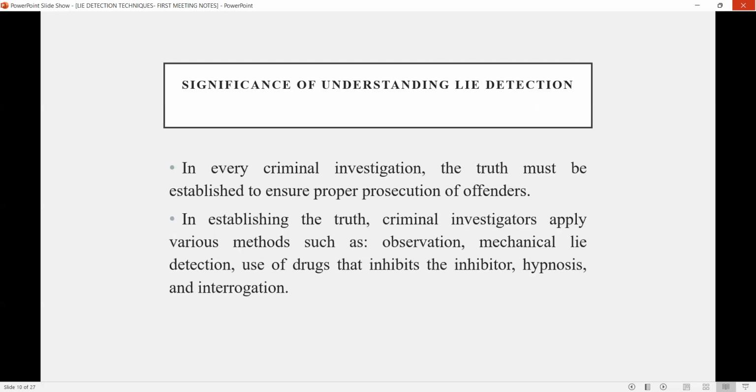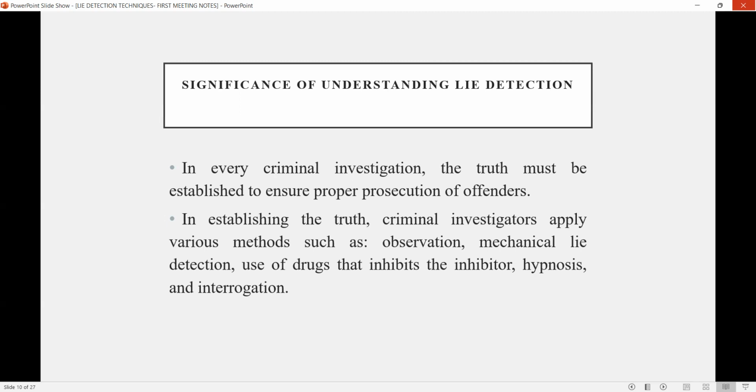So, significance of understanding lie detection. In every criminal investigation, the truth must be established to ensure proper prosecution. So your goal as a polygraph examiner is to establish the truth, so that you can properly prosecute the offenders.